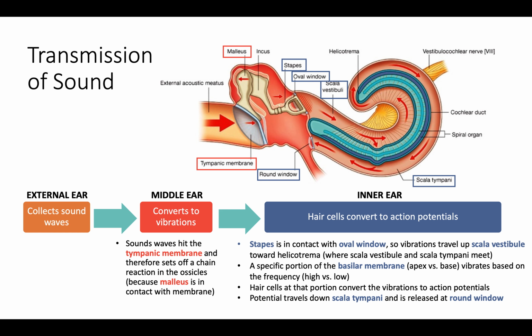And then the inner ear, the hair cells convert it to action potentials, and the stapes contracts with the oval window so that the vibrations travel up the scala vestibuli toward the helicotrema, and then the portion of the basilar membrane is vibrated, and the hair cells at that portion convert it to action potentials, which travel down the scala tympani and are released at the round window. So we start at the oval, we end at the round in the inner ear.